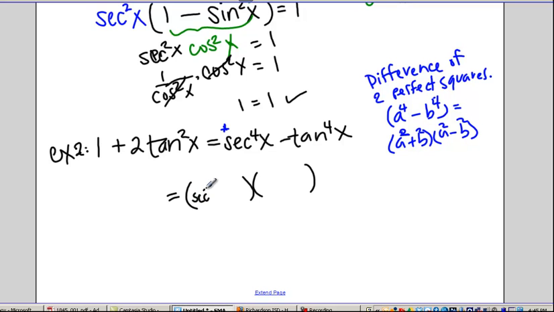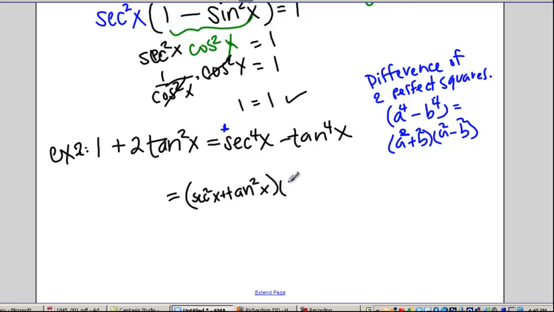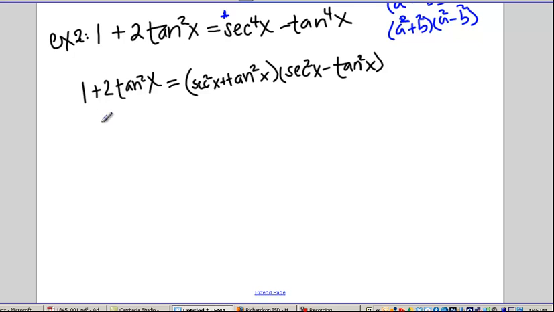So we got secant squared x plus tangent squared of x, and then secant squared of x minus tangent squared of x. Okay, we did nothing to this side. No, you do not need to write this side out every single time. I'm probably not going to do that anymore because we're not changing the left-hand side of the equation.